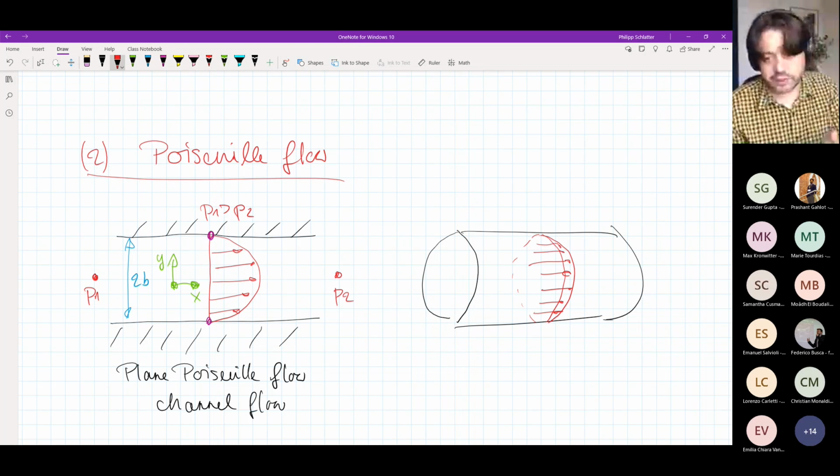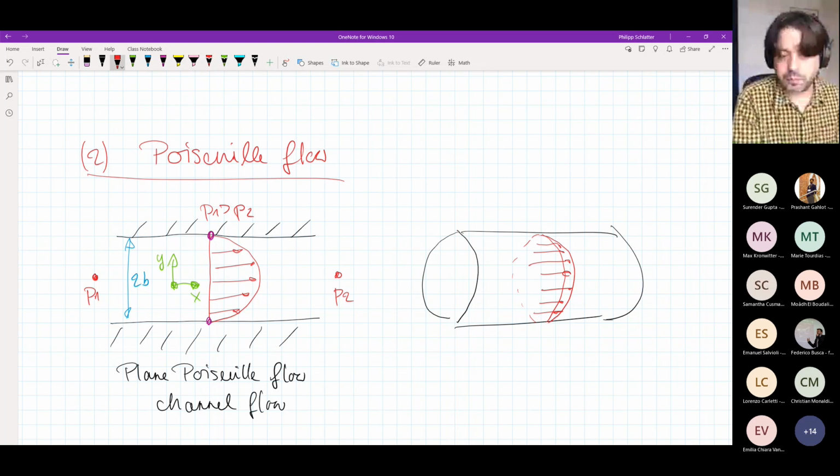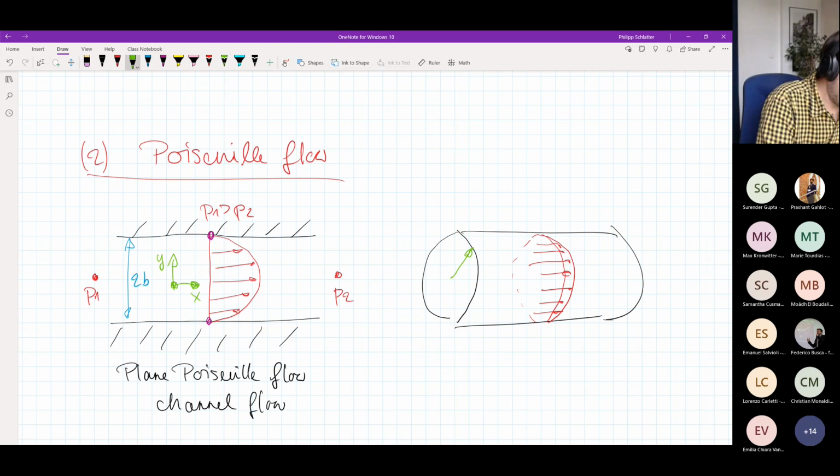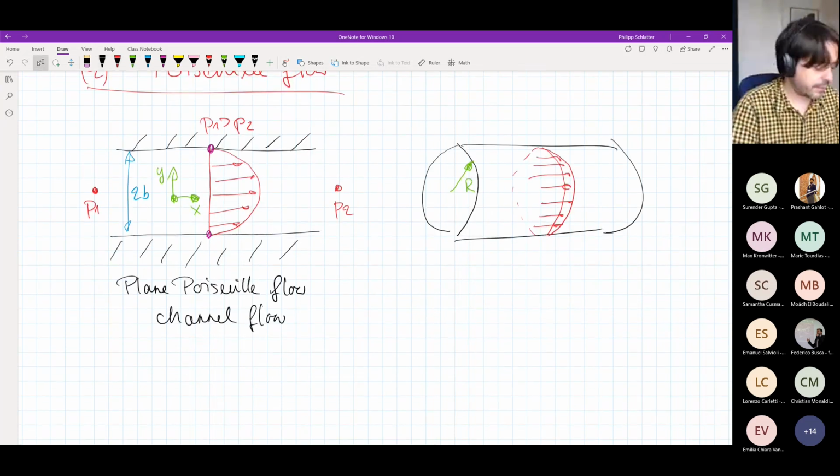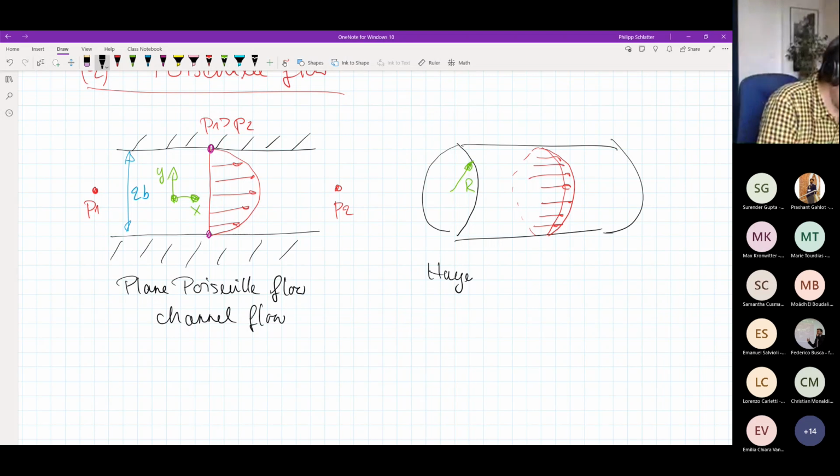You would have one cross section in the pipe where you have a certain velocity field. It's kind of the same idea. You have different pressures, a higher pressure in the front, lower pressure at the back, and then you press the flow through this domain. And of course, the geometrical parameter here would be the radius of this pipe. And of course, this one also has a name. It sometimes is called Hagen-Poiseuille flow.